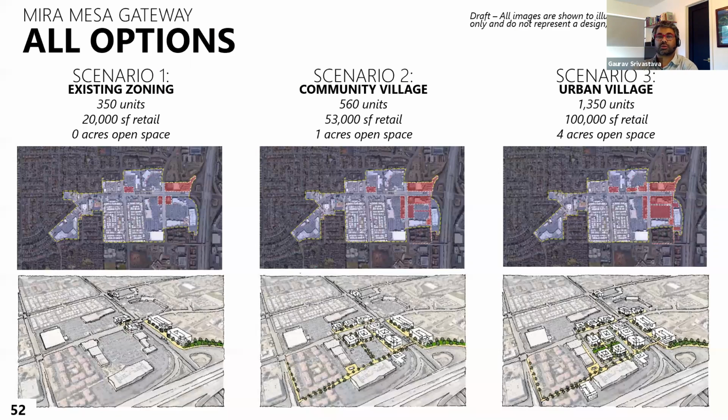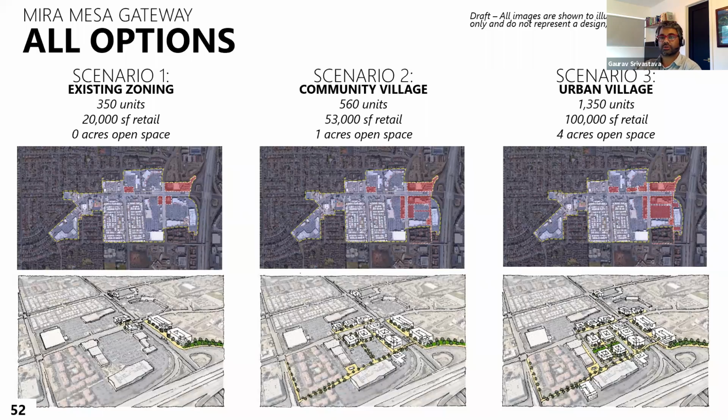And then to quickly summarize the 3 options for the gateway focus area. Option 1 is utilizing existing zoning code policy, and the developments are limited in their footprints and they're clustered at the intersection of Westview Parkway and Mesa Boulevard.